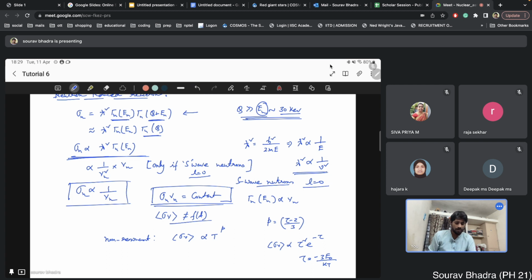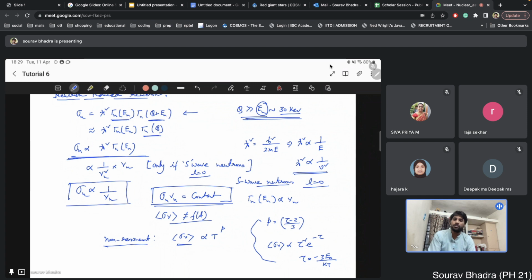So the point I want to mention is that for the non-resonant reaction, our sigma V was a function of temperature, temperature to the power some P, and that P can be calculated this way. But in this neutron induced reaction, the sigma V is independent of the temperature, which is another difference from the resonant and non-resonant reactions of charged particles.